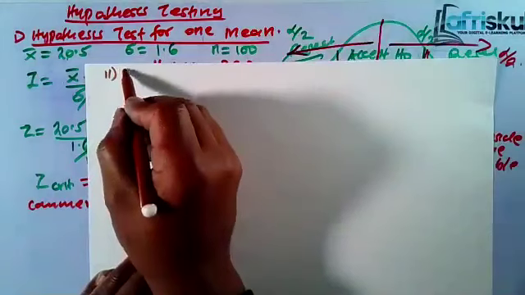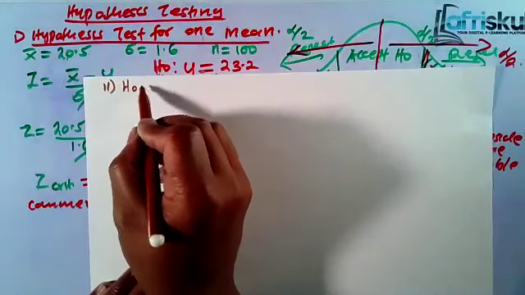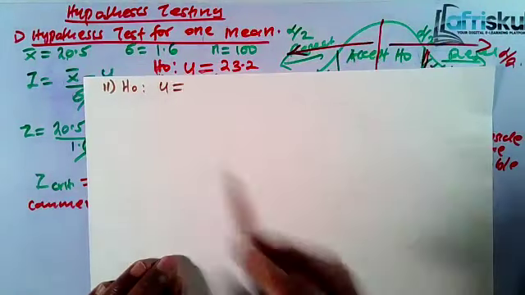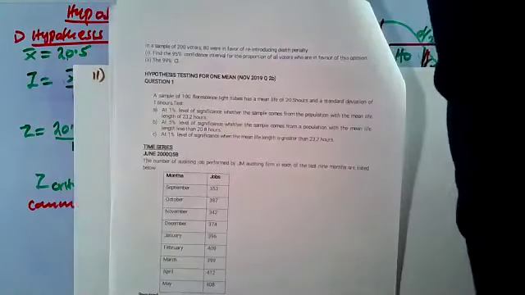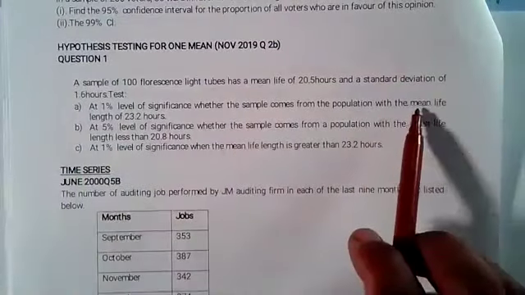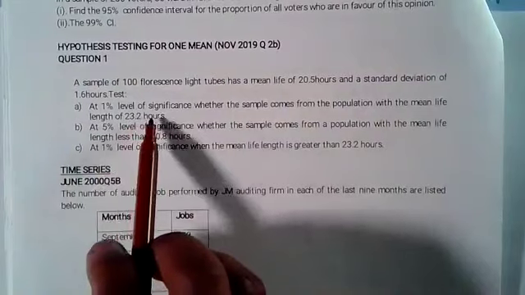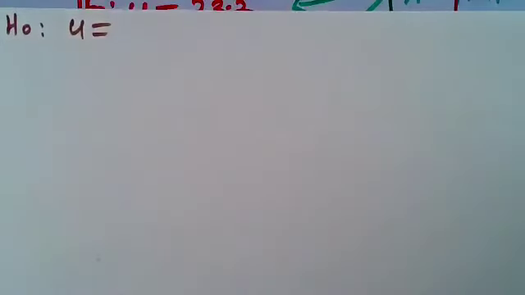So we follow the steps. Step number 1 is the null hypothesis. So you say mu is equal to, here we were told a mean life length of 23.2. So it's 23.2.